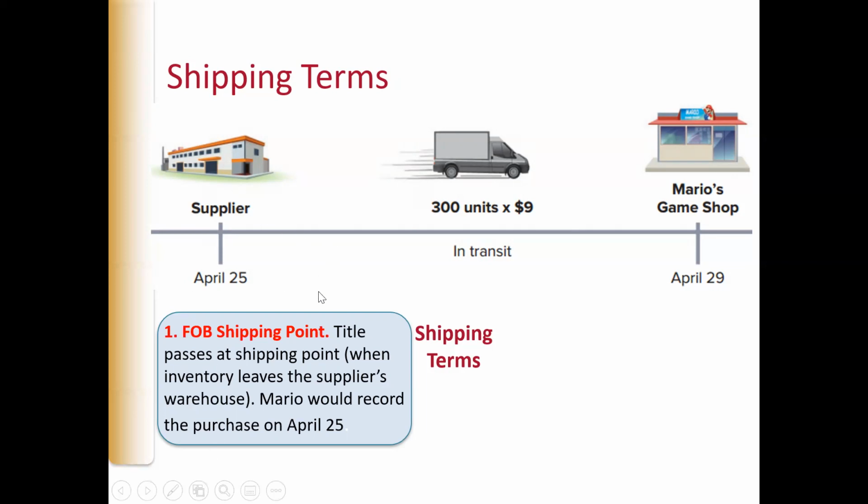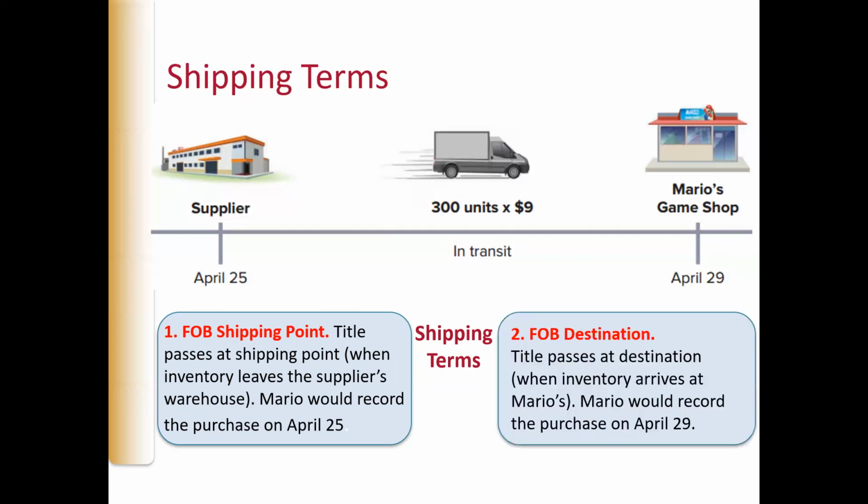What that means is Mario's responsible for paying the shipping cost. So because Mario's paying the shipping cost, the title of those goods passes to Mario at the shipping point when they leave the dock of the suppliers. If this is the case, then Mario's going to record this purchase of goods on April 25th because it owns those goods at that time.